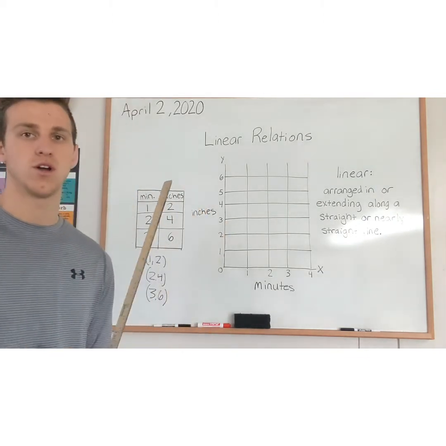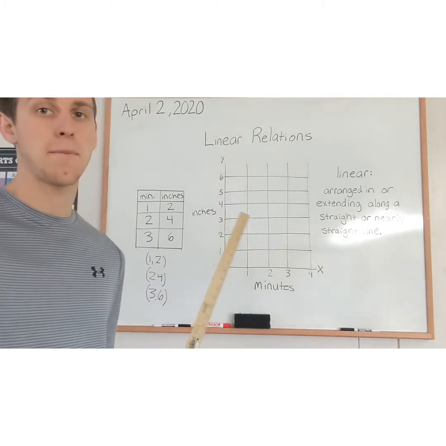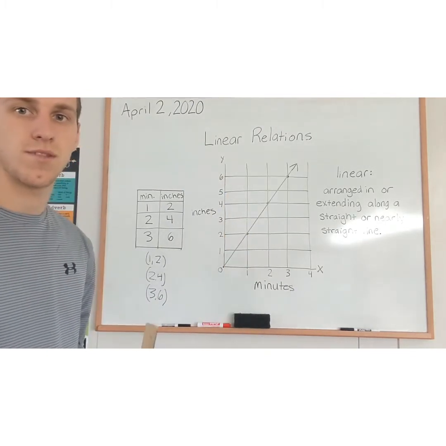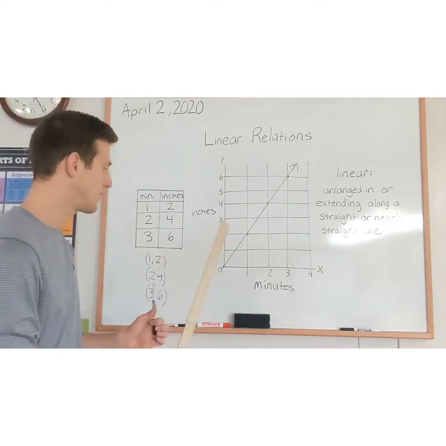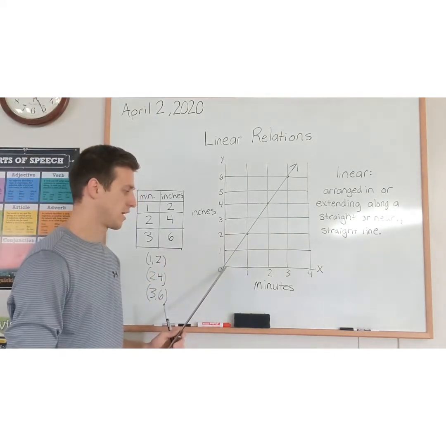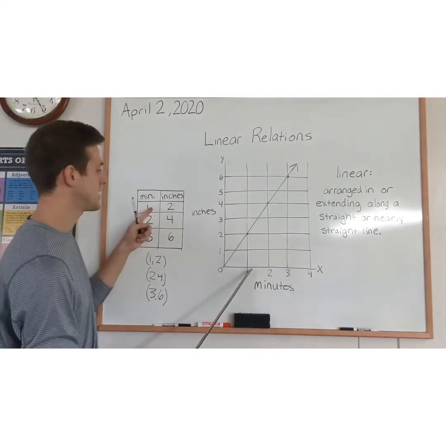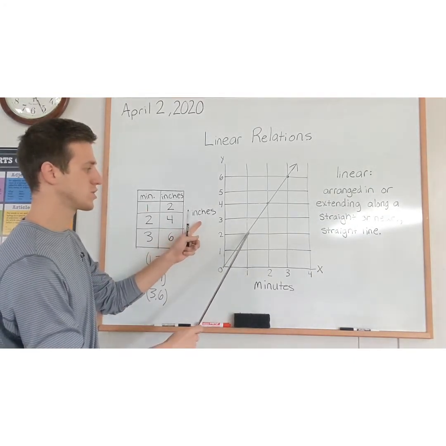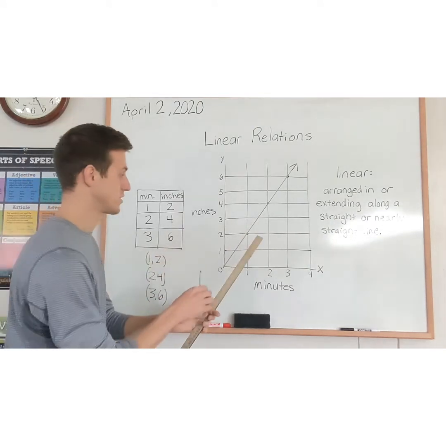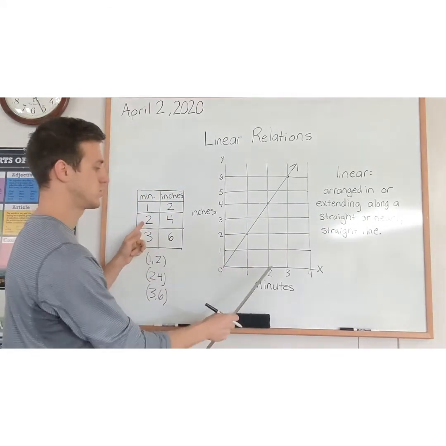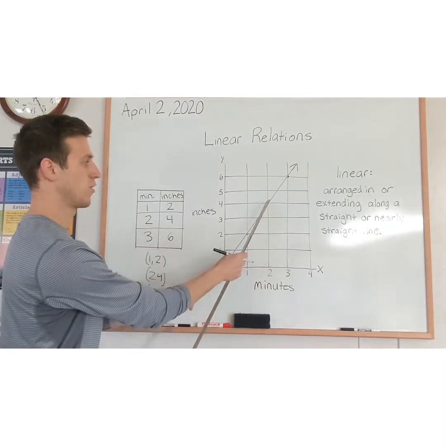All right, so notice what happens when I plot my points on this grid. All right, now notice we started down here at our 0. Now we're going to go over for our 1 minute, and then he traveled 2 inches. So here's our first point. You can see my point right here. And then in 2 minutes, he's going to go 4 inches.